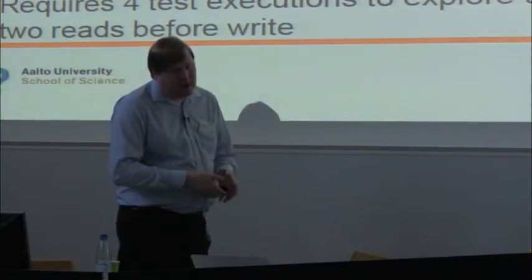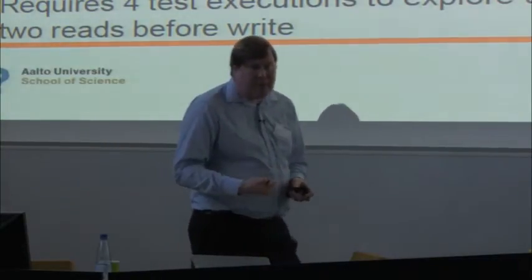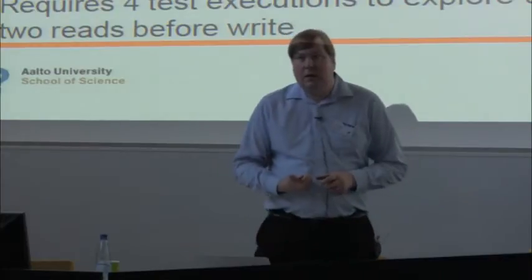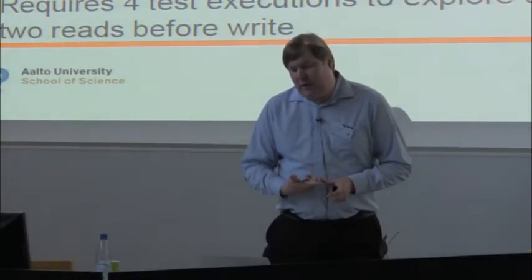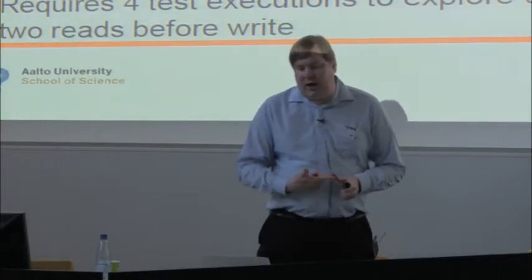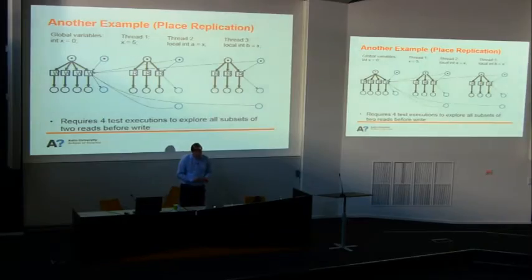Well, there will be one write where the write happens immediately at the beginning, one write where the write happens after thread 2 has read it, but thread 3 hasn't, one write where thread 3 has read it, but thread 2 hasn't, and one write where both of the reads have happened, but the write hasn't happened yet. So there will be 4 cases of interleaving these two reads with a write, basically.